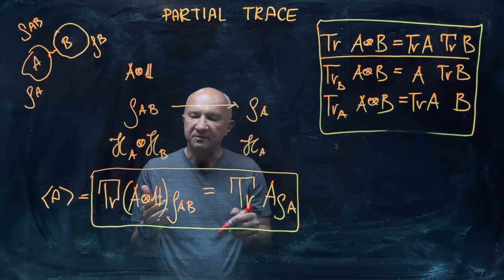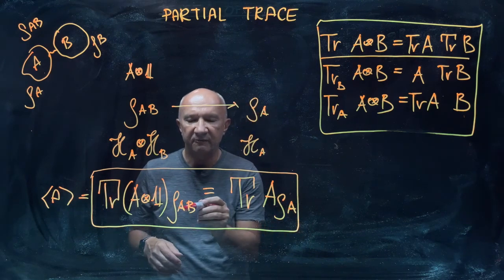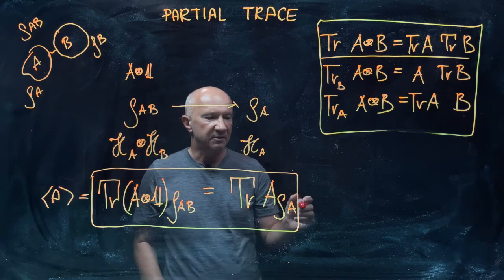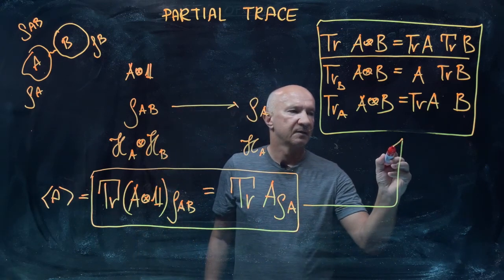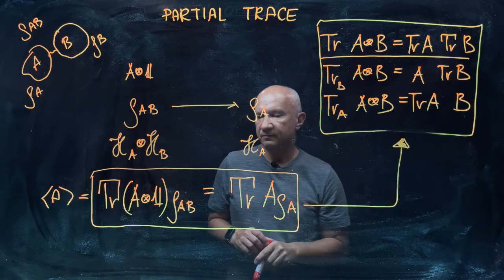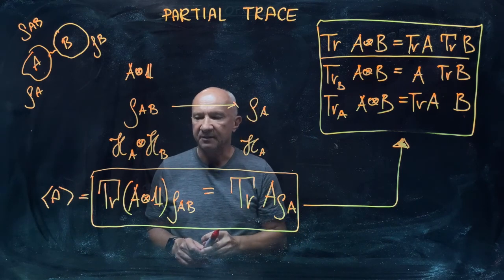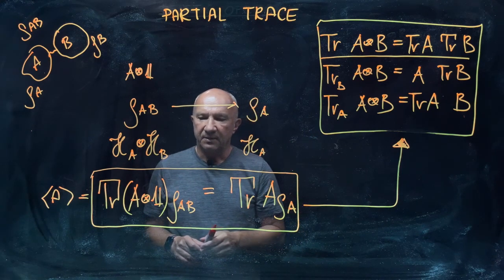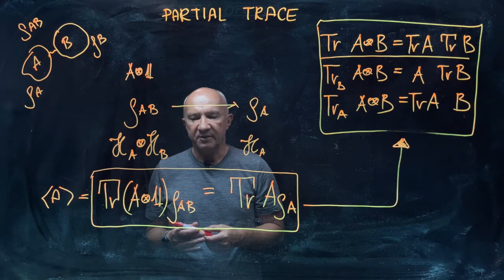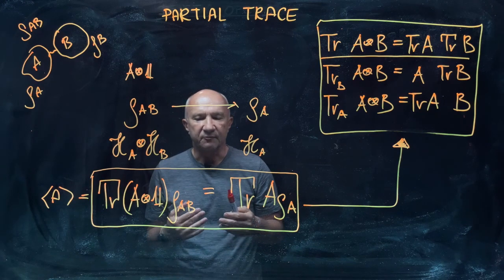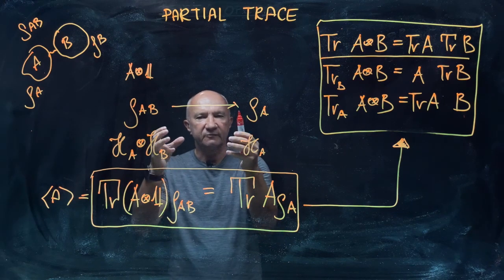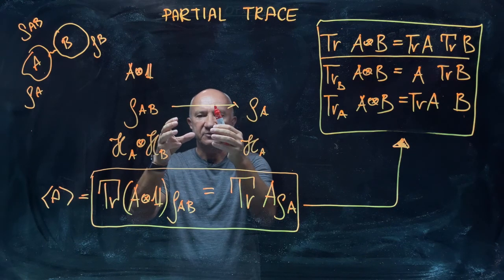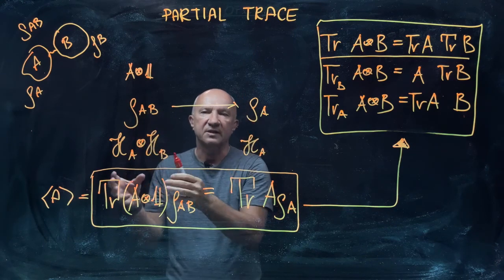That simply means that for this to be satisfied, you go from rho AB to rho A by the partial trace. So you have to use this mathematical tool. The bottom line is the partial trace is the only operation that we can use in quantum theory to go from the density operators of big systems to subsystems.